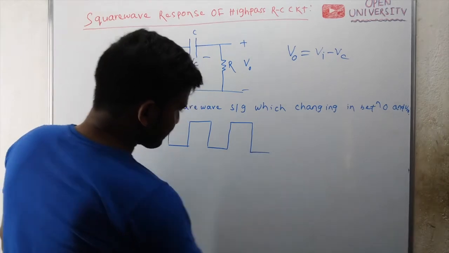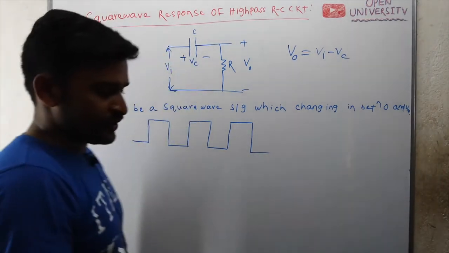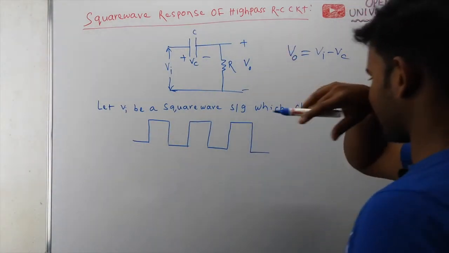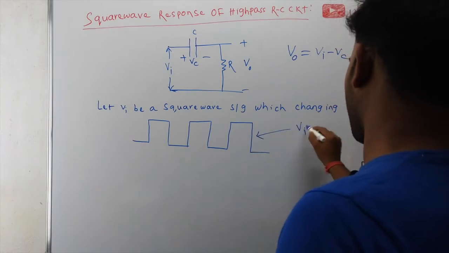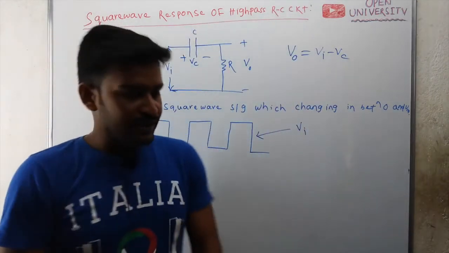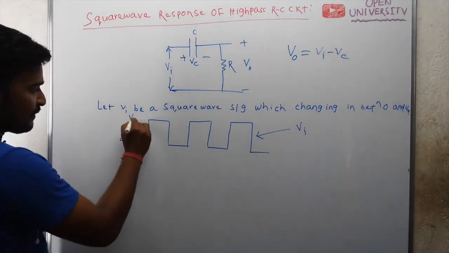Let's understand what the response of this high pass RC circuit is when you apply this signal. This is your input voltage waveform VI, a square wave signal varying between 0 volt and Vm.